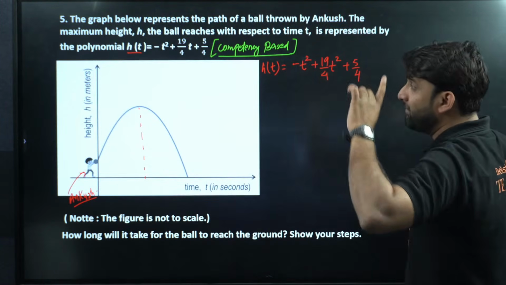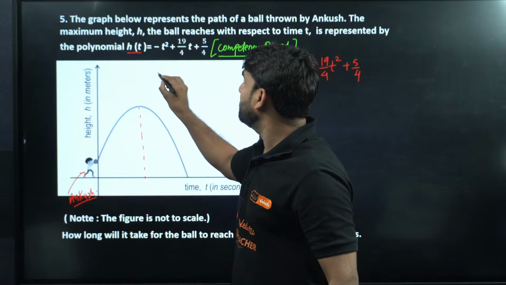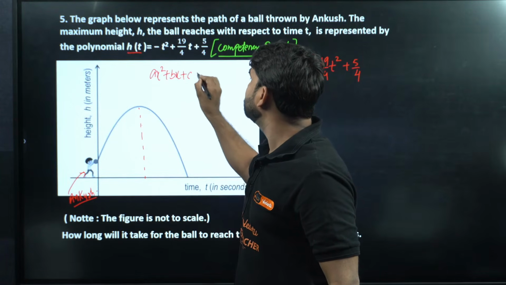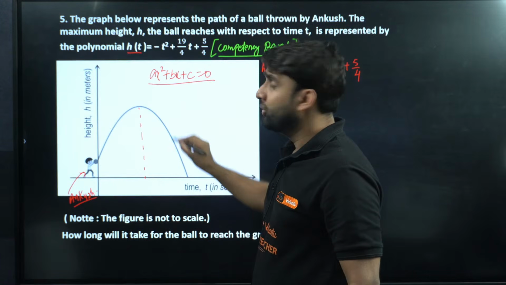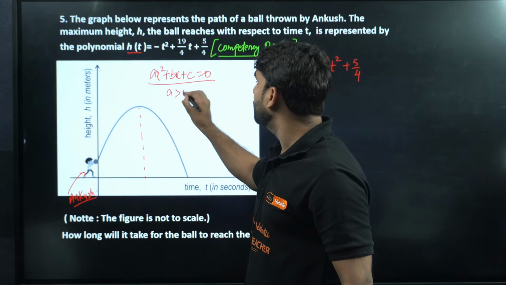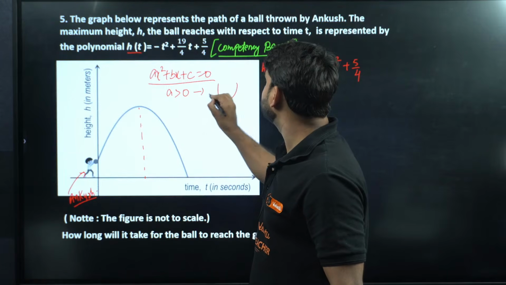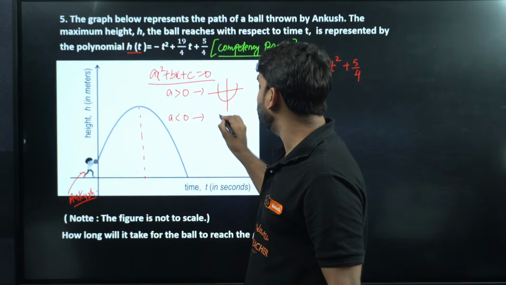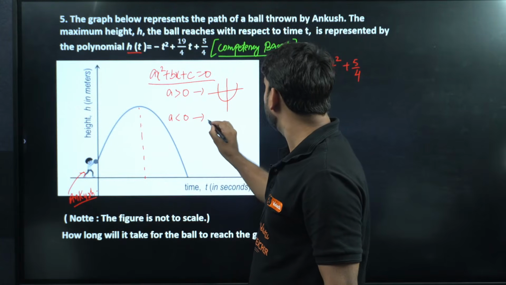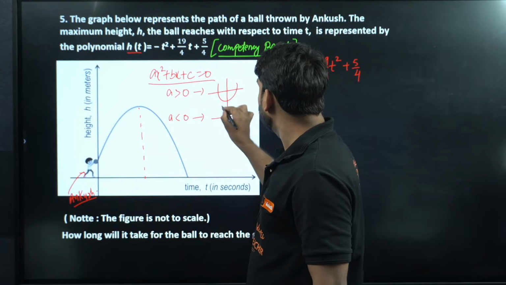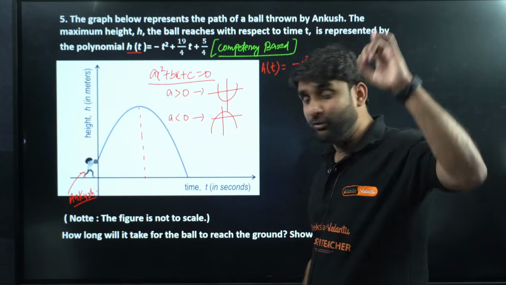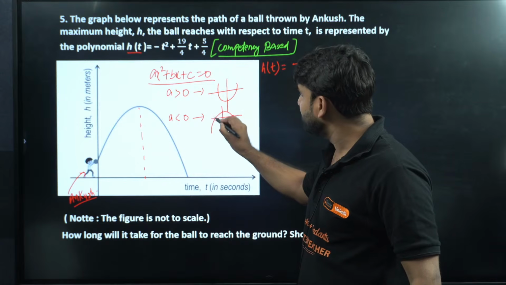I hope you remember in the quadratic equation ax square plus bx plus c is equal to 0, when a is greater than 0, the curve opens upward like this, right? And when a is less than 0, the curve will be in this form. I had already told you in that video, these 2 points are the zeros.